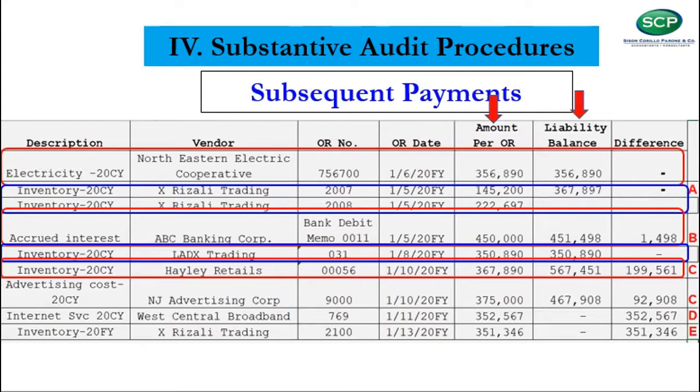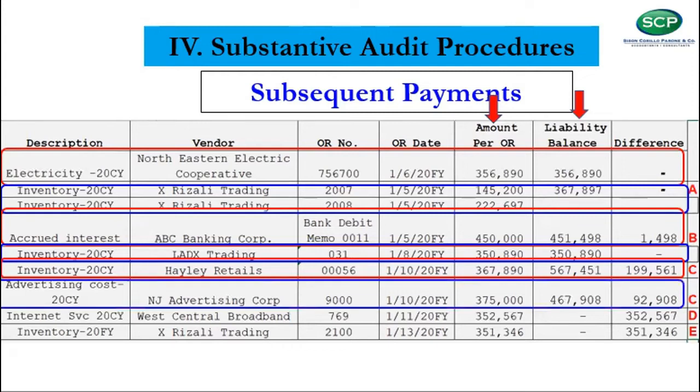And since ang subsequent payment is only 367,890, that means we will need to examine the source documents or the supplier's invoices for the remaining unpaid balance of 199,561 para mabuo natin yung 567,451 pesos para ma-conclude natin na tama or valid yung 561,451 pesos. Dapat 100% siyang ini-examine.